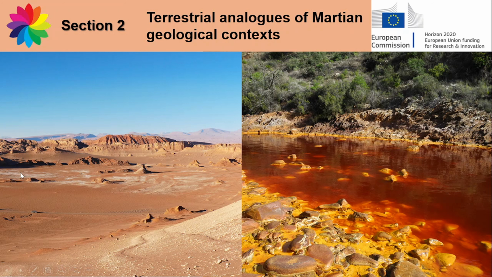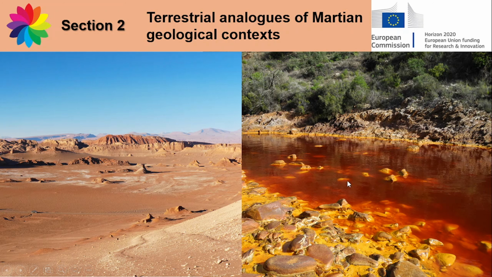This is in detail the picture of the Atacama Desert in Chile, and this is one of the driest places on Earth. So several researchers go there, try to understand how microorganisms can live in such harsh conditions, and in this way try to obtain clues about how microorganisms could have lived or survived on Mars.